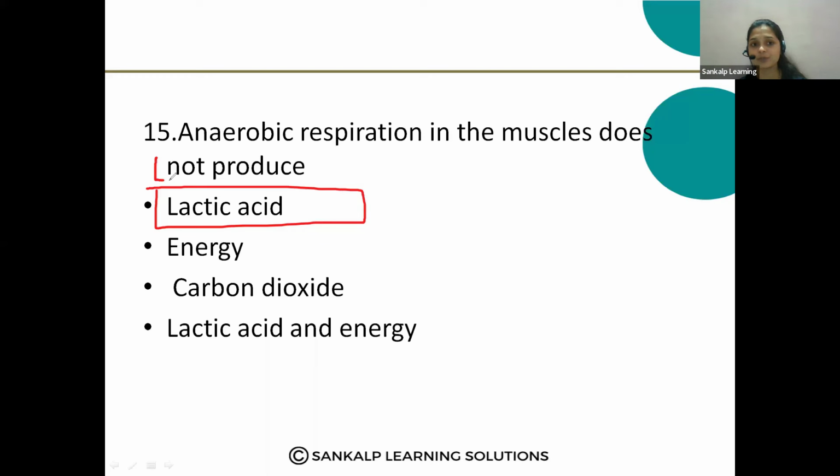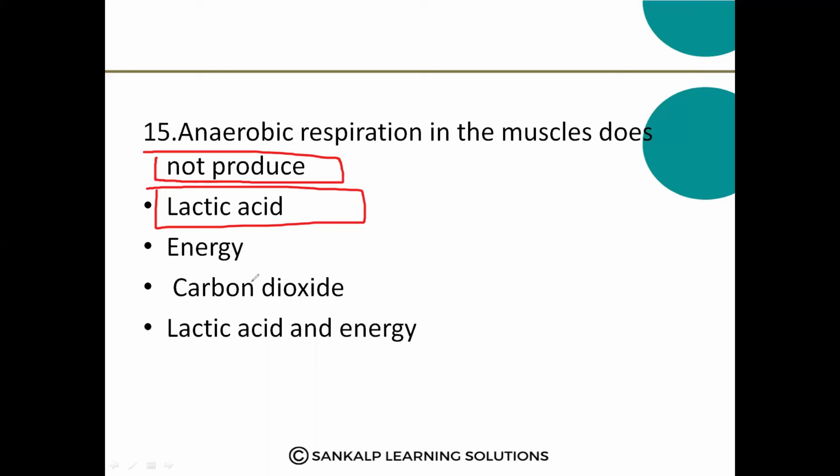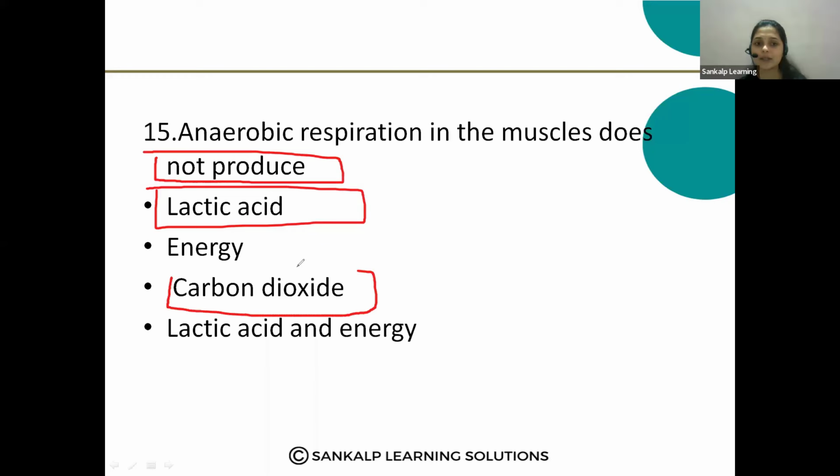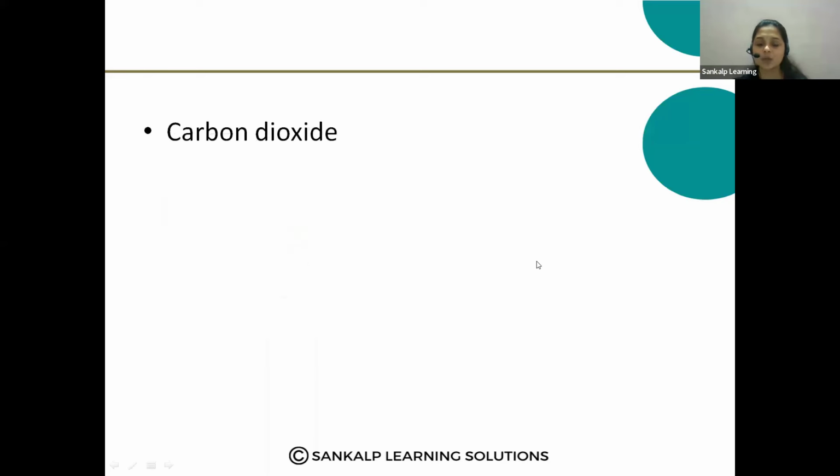Read the question: not produced means carbon dioxide. Energy is produced because the main thing in the breakdown of glucose is the production of energy. Along with the energy they produce lactic acid, but here carbon dioxide is not produced. That is the correct answer.